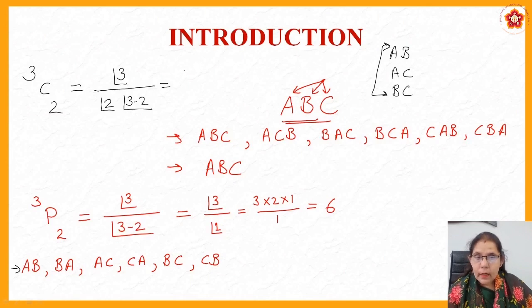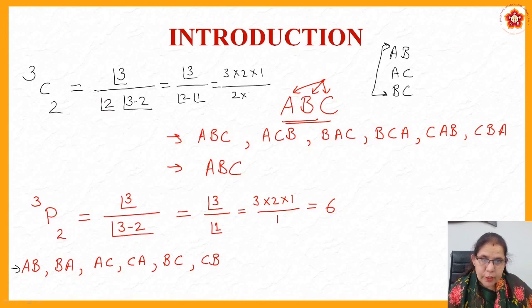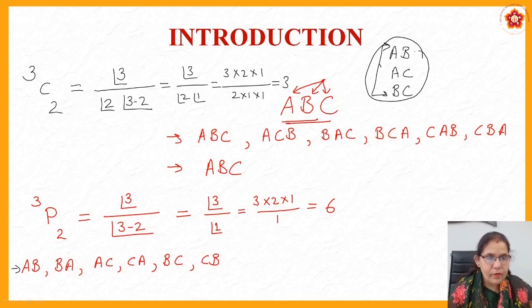I'll discuss this formula in detail. Now let's see what do we get here. So it is 3 into 2 into 1, and here it is 2 into 1 into 1. So here if you see, you get 3 as the answer, and we have said that there are 3 ways of choosing 2 objects out of 3.